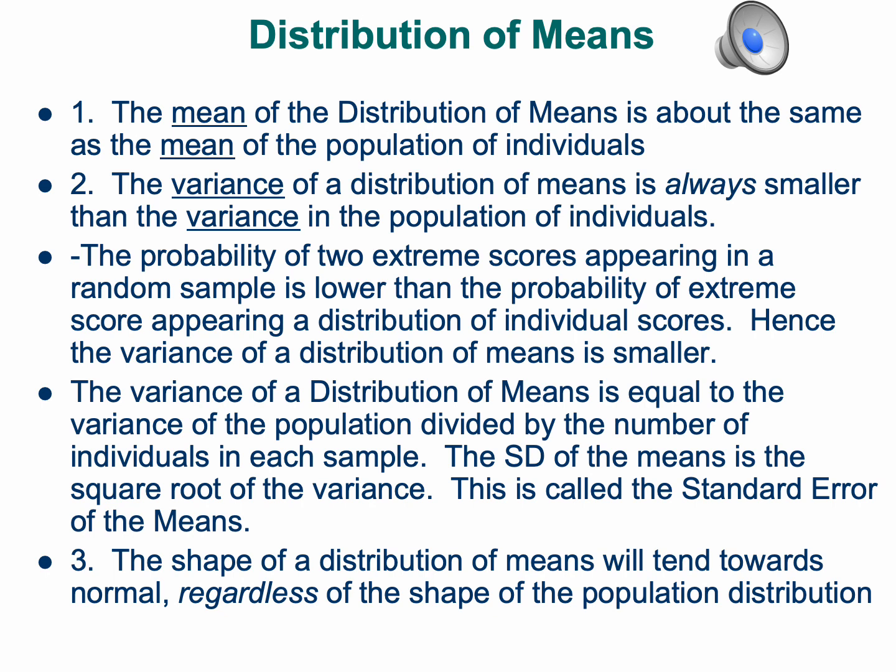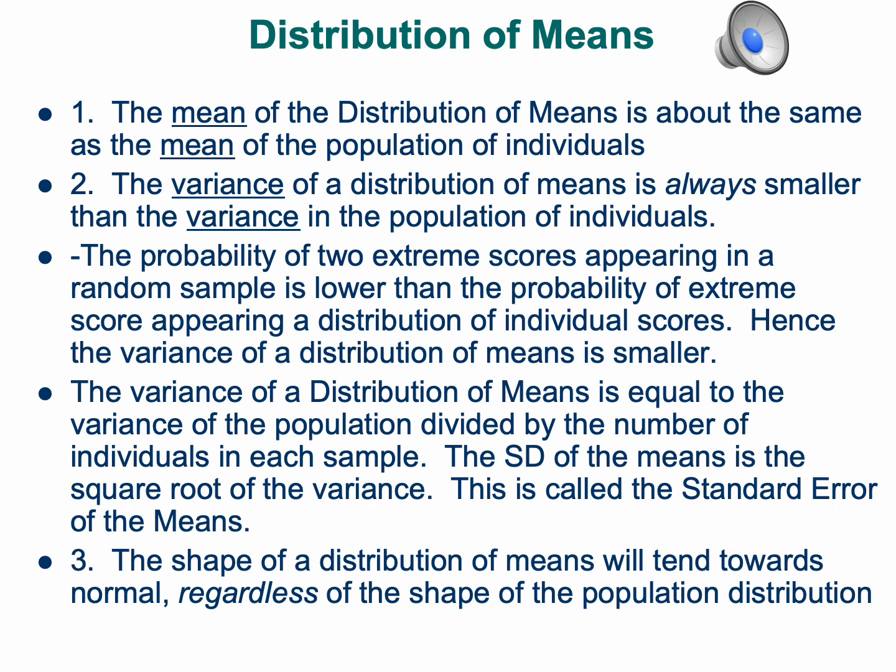Point two is the variance of a distribution of means is always smaller than the variance in the population of individuals. So the distribution of means is always going to be narrower than the distribution of individuals of the population. It's always going to be systematically narrower. The variance is smaller. And we'll see that very clearly in the demonstration. Now the reason this occurs is because the probability of extreme scores appearing in a sample is lower than the probability of extreme scores appearing in the distribution of individual scores, because obviously they're in that distribution of the population.